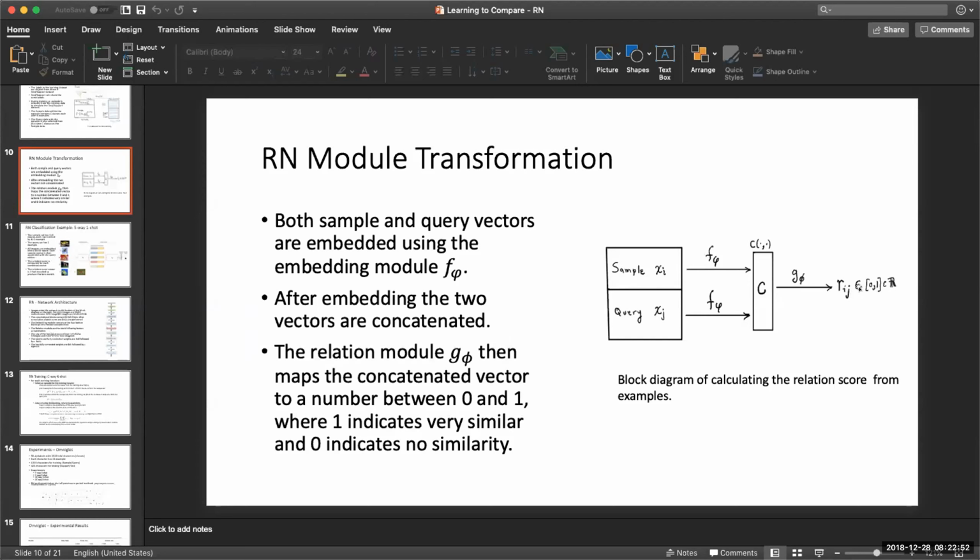And that's a real number, but it's bounded between 0 and 1. So a 1 would indicate that the images are very similar, and a 0 indicates there's no similarity.